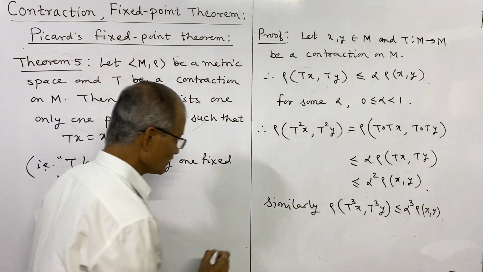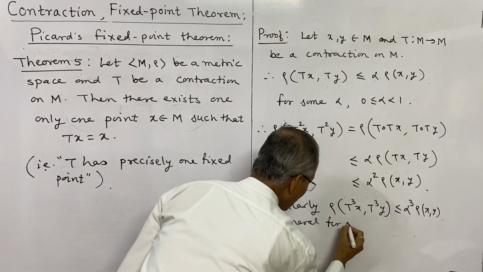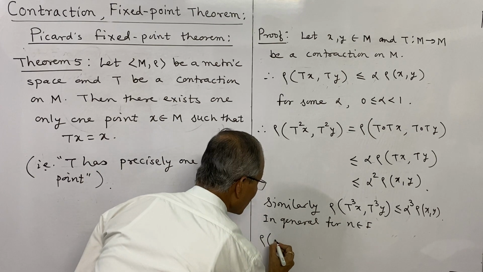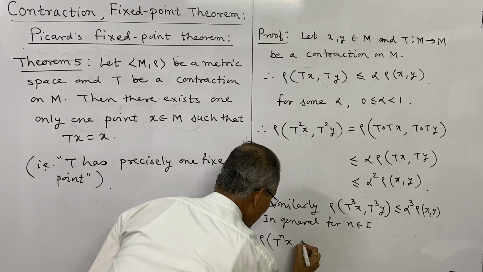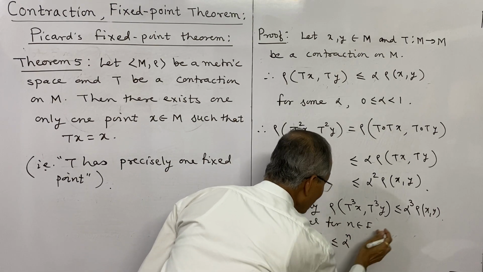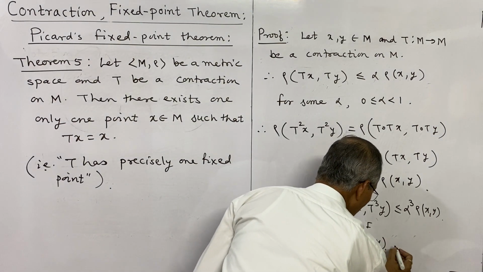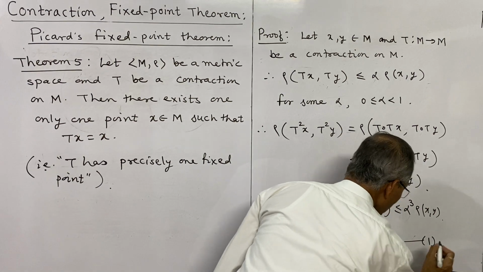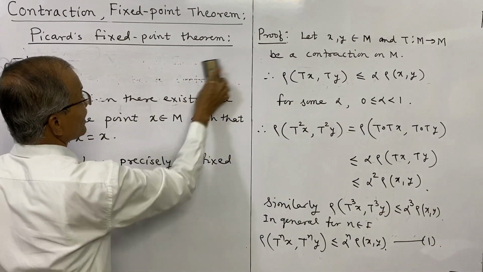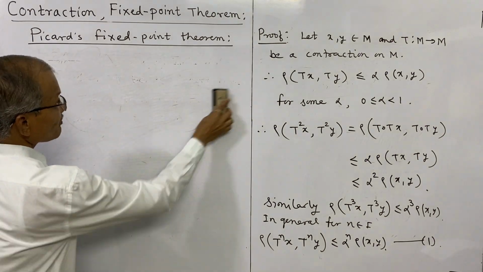And in general, for n belonging to the natural numbers, we will have rho of T power n x and T power n y less than or equal to alpha to the power n rho of x y, and we shall call this statement 1. Further, we will consider the notation: let x naught belong to M.